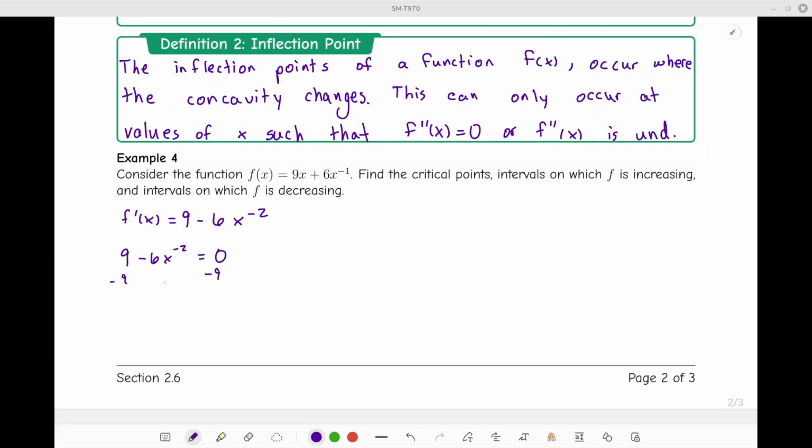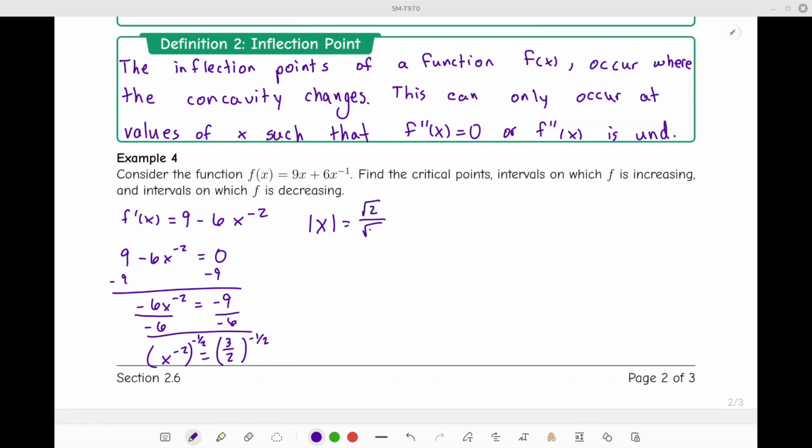Subtract 9, subtract 9, negative 6x to the negative 2 equals negative 9, divide by negative 6, divide by negative 6, x to the negative 2 equals 3 halves, raise it to the negative 1/2 power, raise it to the negative 1/2 power, and we get x, well, technically the absolute value of x is equal to the square root of 2 over the square root of 3.